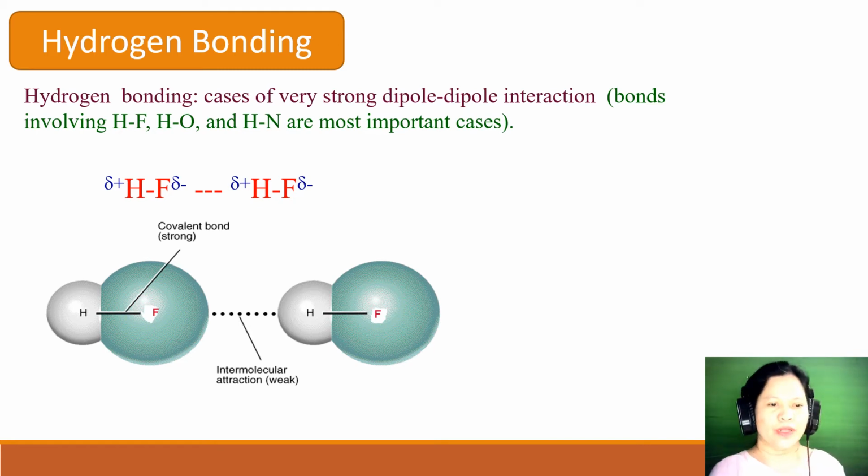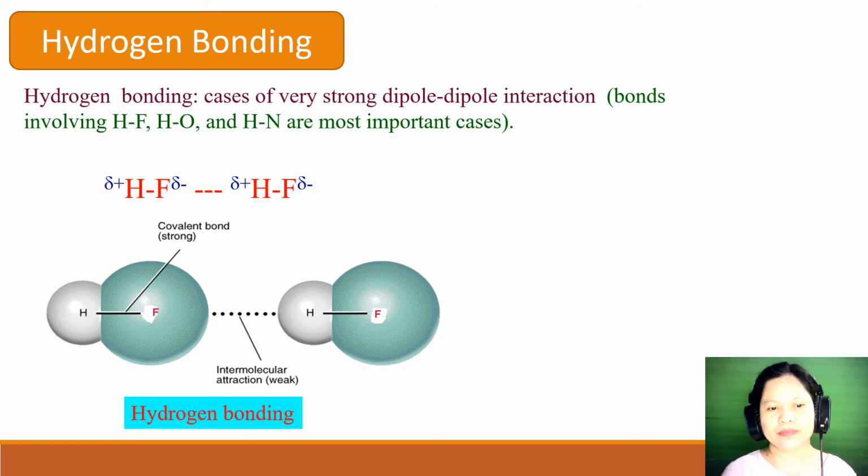For example, you have there hydrogen and fluorine. Hydrogen and fluorine has a very strong covalent bond, while the intermolecular attraction of hydrogen fluoride is very weak. Why? Because the hydrogen is present in this bond.